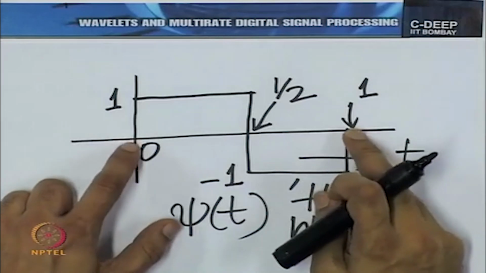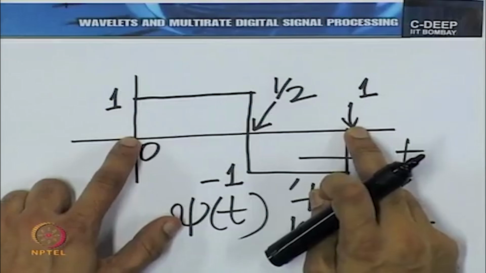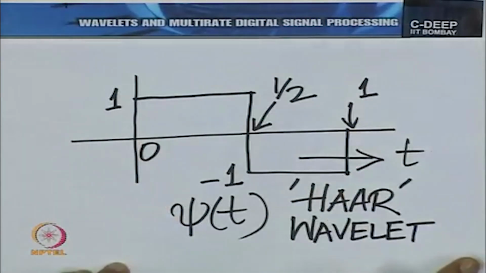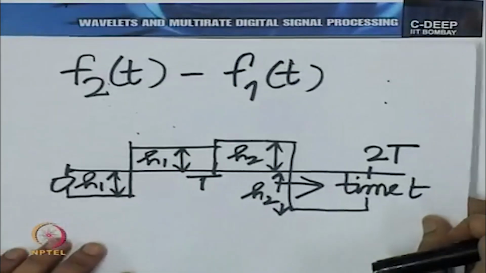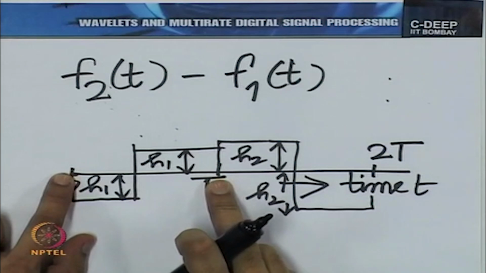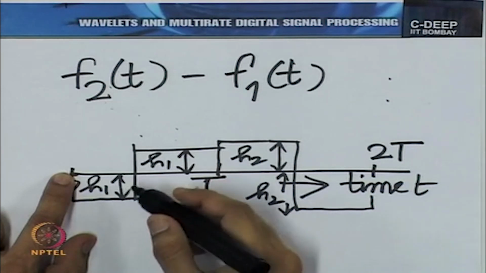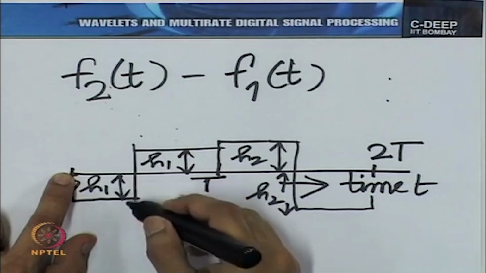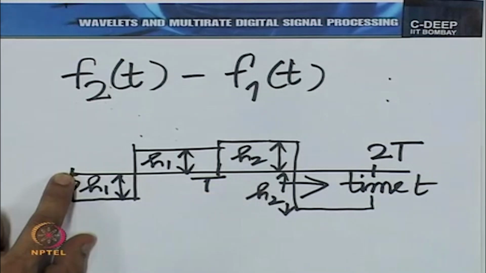So, if I were to dilate this function to occupy an interval of T and bring it to this particular interval of T, so I dilate that function psi(t) and bring it to this interval of T, and then I multiply psi(t) so dilated by the constant h1.